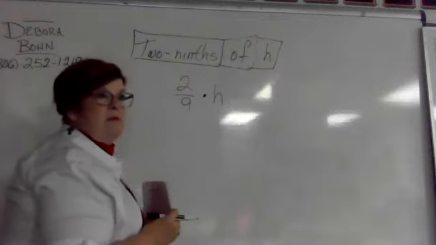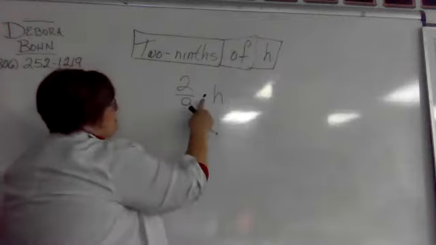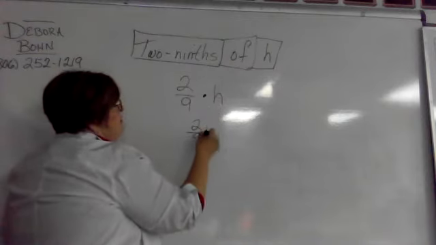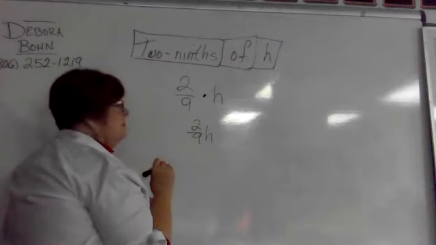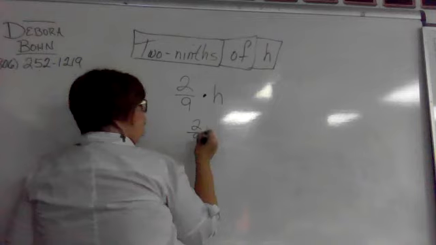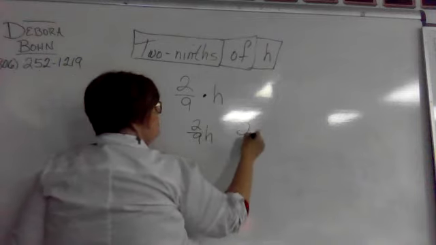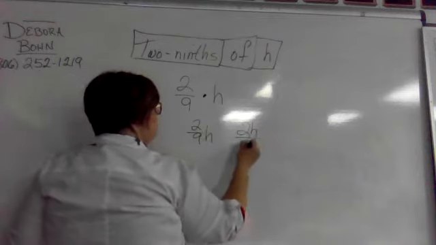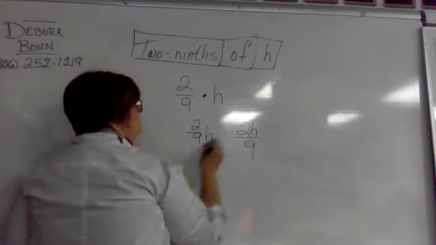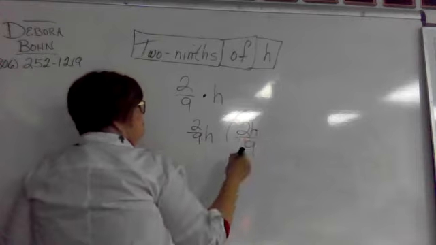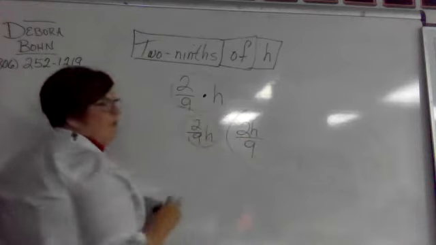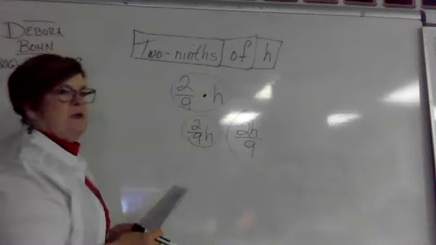And we found out that if it's times, we can cram it together and say 2 9ths h. Or remember that the variable goes on top, so you actually could do this later. This is optional. You would have probably written it like this if you had the paper to work with. Easy enough?